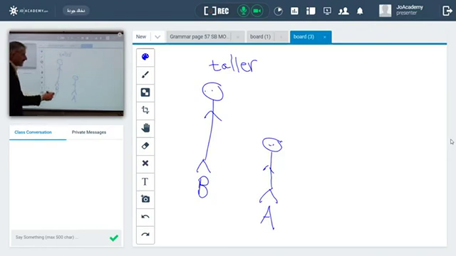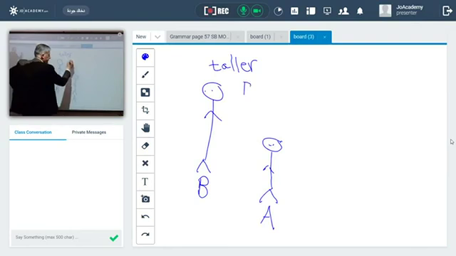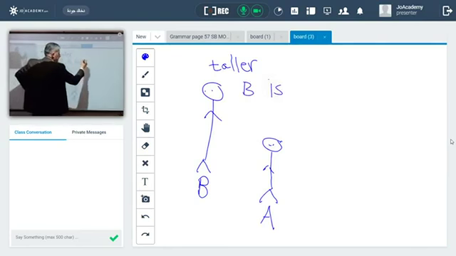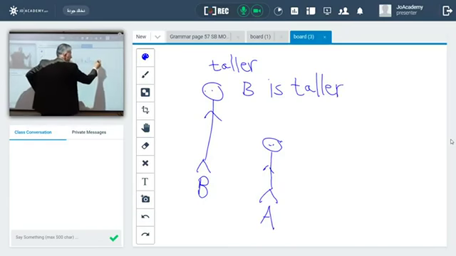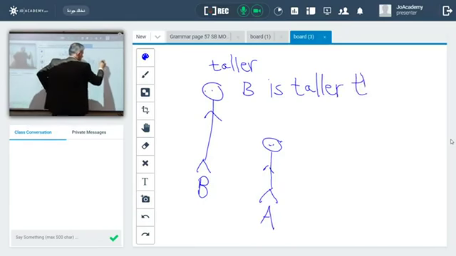Or I can say A is shorter than B. So what do we call this? We call it compare. We compare between two things or two persons. So I can say B is taller than A.